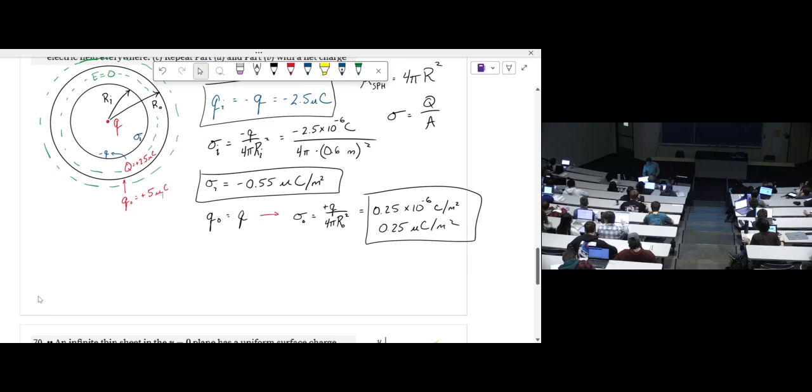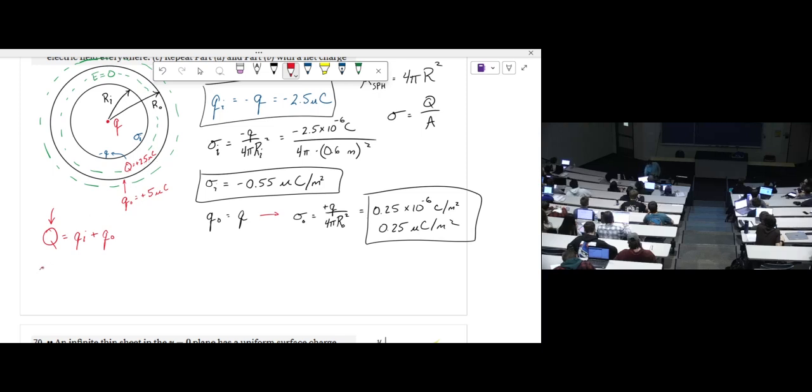The thing that we always want to consider is, at least for this shell as I've got it drawn, the total charge on this shell is going to be equal to how much charge is on the inner wall plus how much charge is on the outer wall. Let's start here, and then I'll go back to the minus 2.5 in a second.